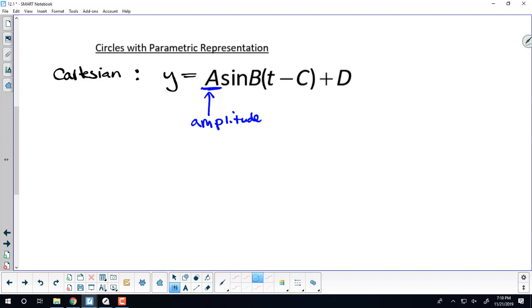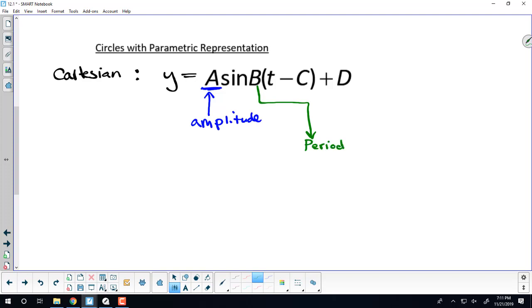What about B? It's a compression, a horizontal effect. So what that affects is the period.